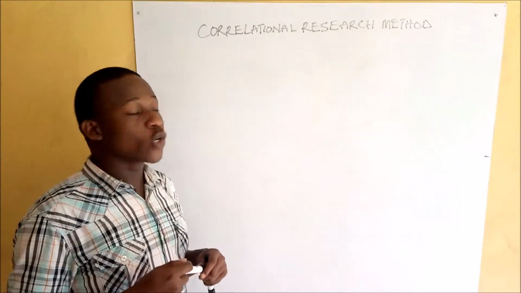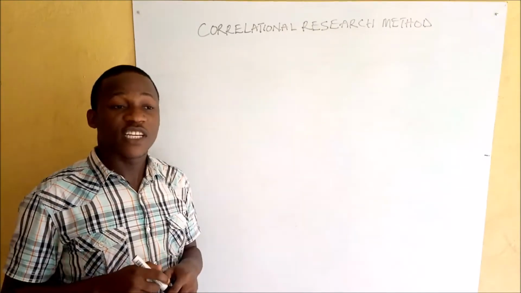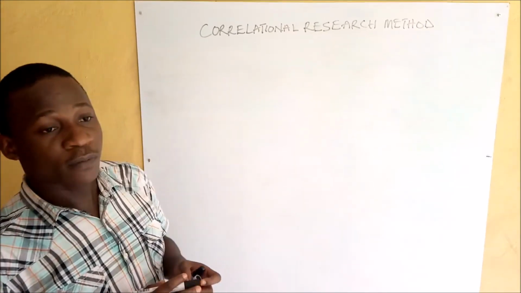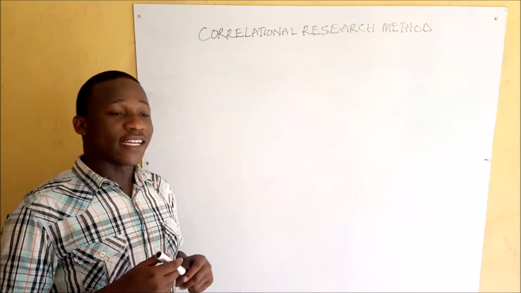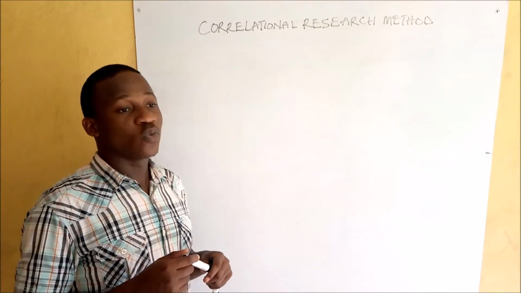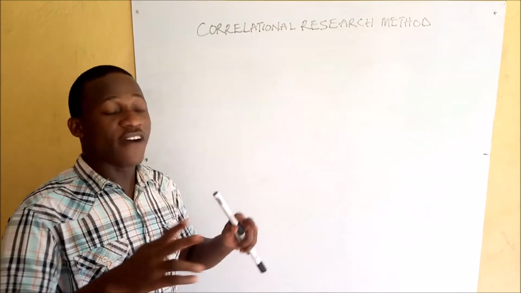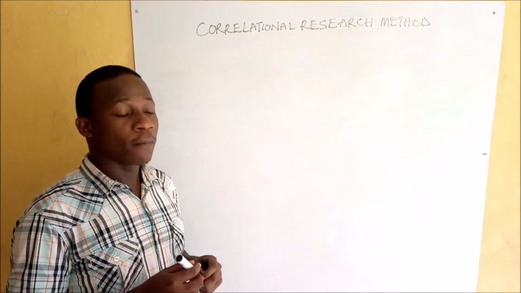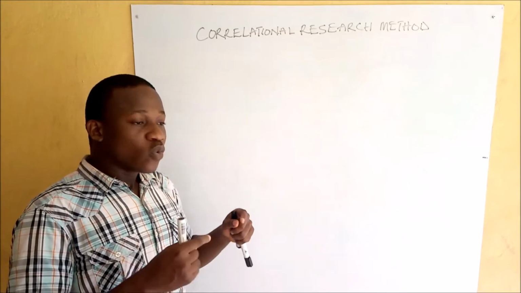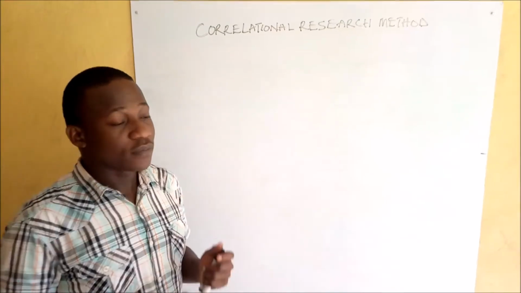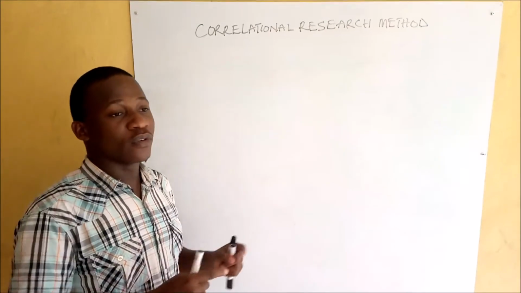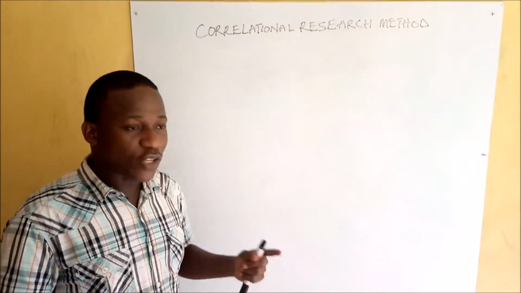So we can define correlational research method as a research method that is adopted when investigating the relationship between two or more variables, or when an investigator is trying to investigate how a particular variable predicts another variable.